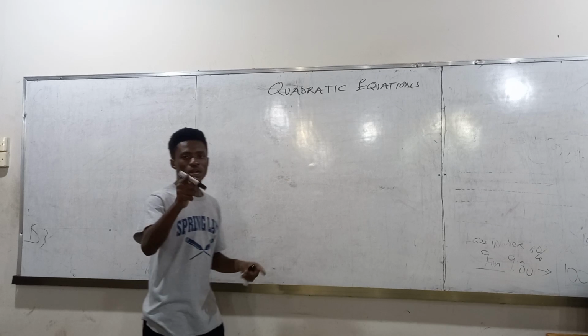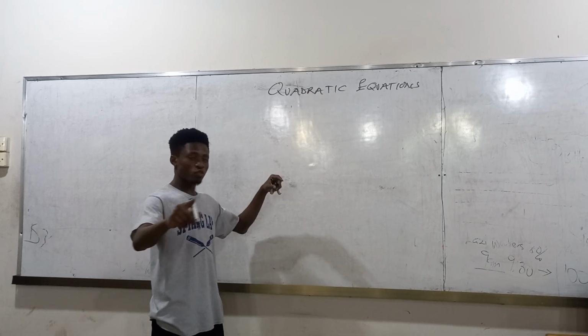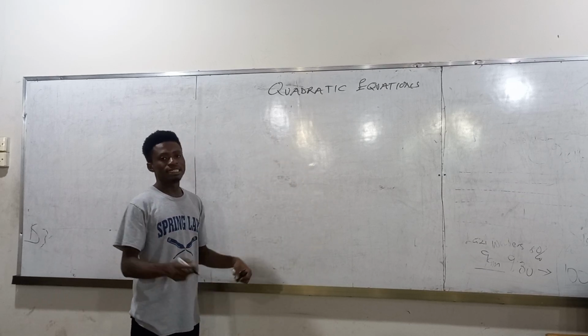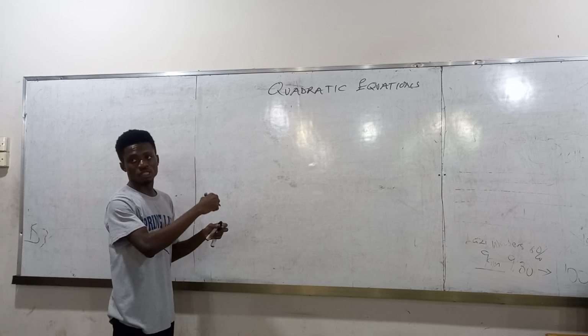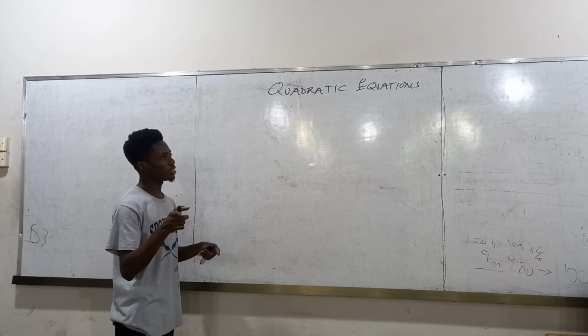Okay, so we are done with the first method. So we are going to use completing of squares to prove the general quadratic equation method. Then we'll use it in solving questions. But I don't think I'll give an example of the general quadratic equation method.